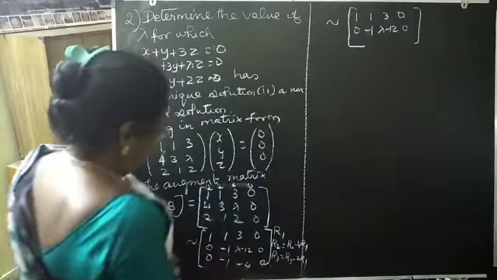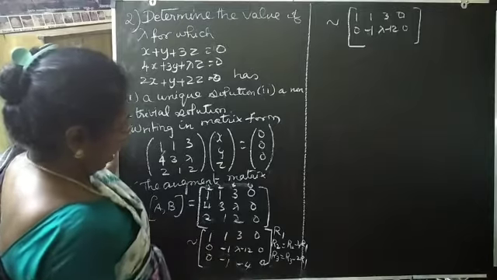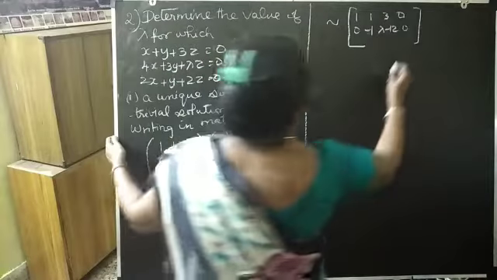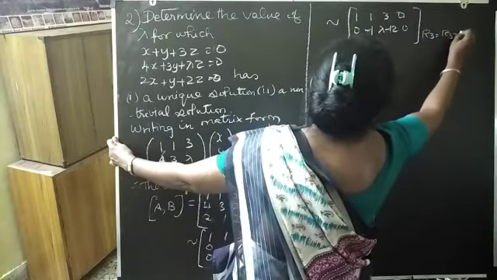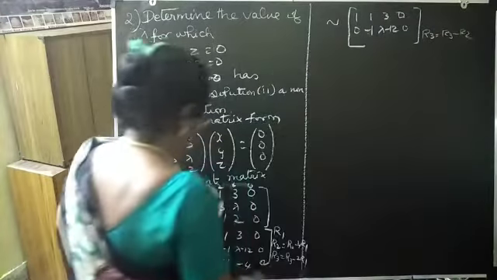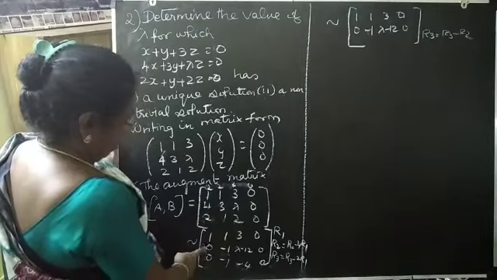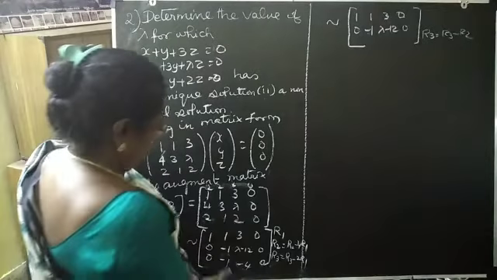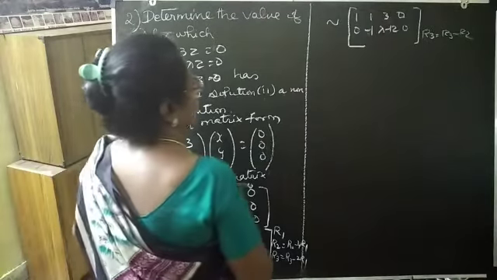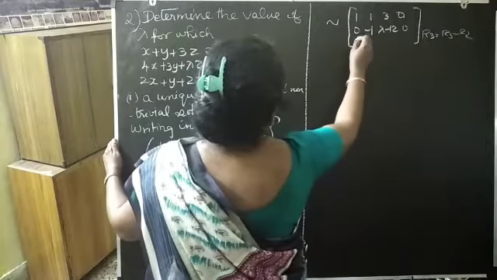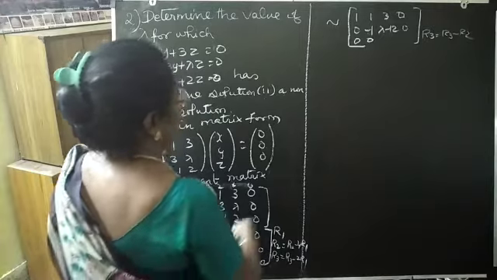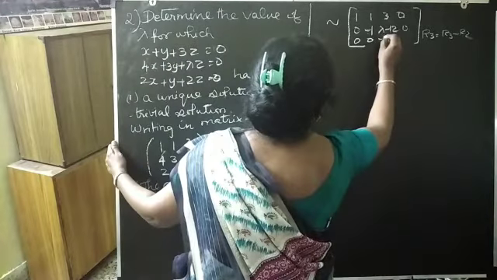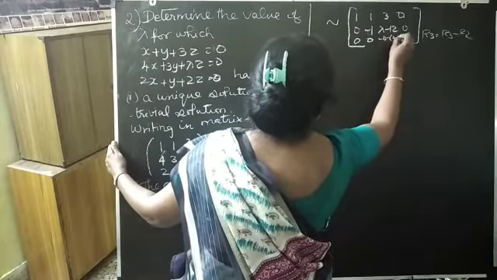Now for the third row, subtract one from the other. R3 is equal to R3 minus R2. R3 minus R2 gives you 0 minus 0, 0. Minus 1 minus 1, 0. Then minus 4 minus lambda minus 12.